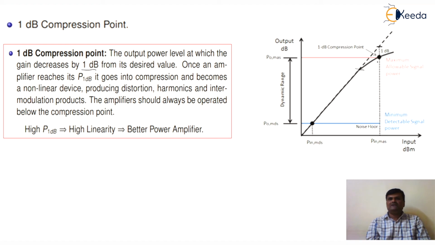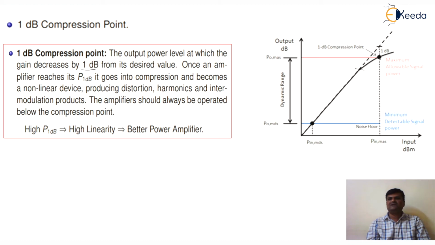When an amplifier reaches its 1 dB point, it goes into compression and becomes a non-linear device. So it produces distortion, harmonics and intermodulation products. Therefore, our requirement is that the amplifier should always be operated below the compression point.